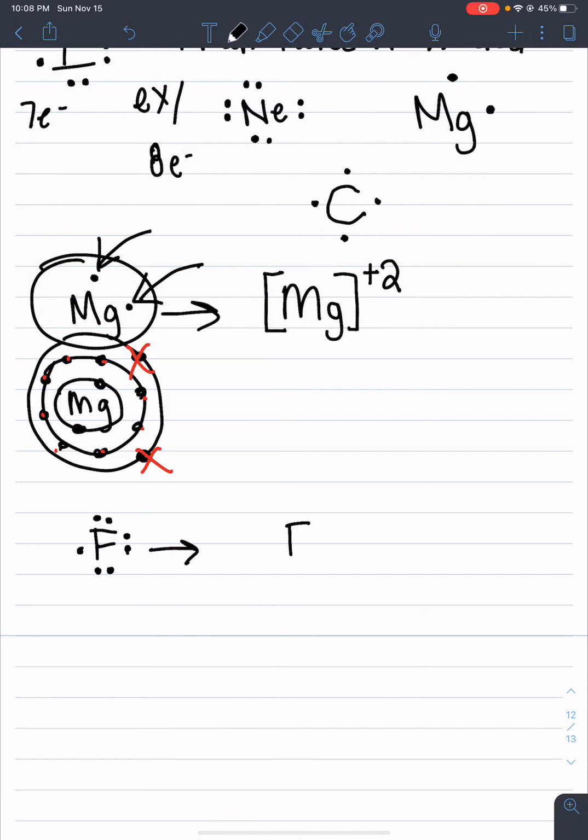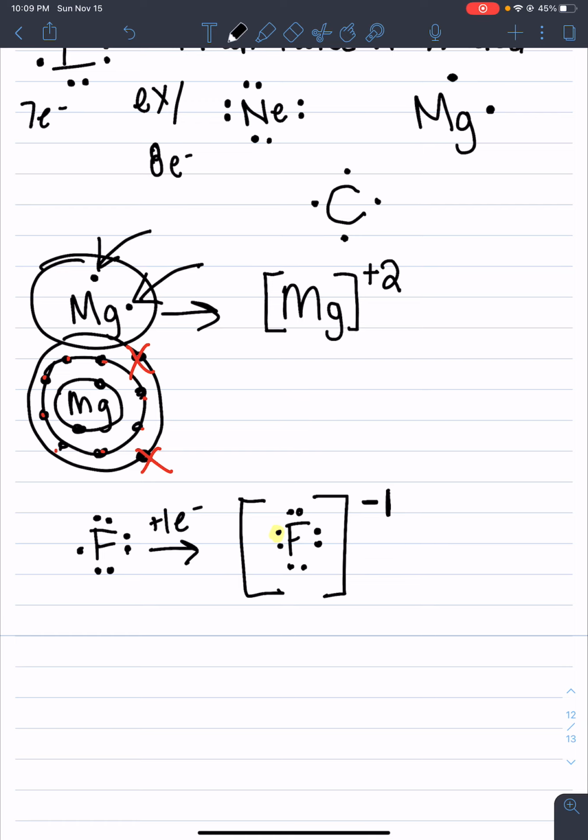So F, we draw our Lewis dots, and we added in an extra electron, right? Let me highlight it for you. This electron right here is what we added in. So since we added in an electron, we add in a negative charge. So since we added in a negative charge, we put the brackets around it and we put a negative. Or you could put a -1 if you'd rather.